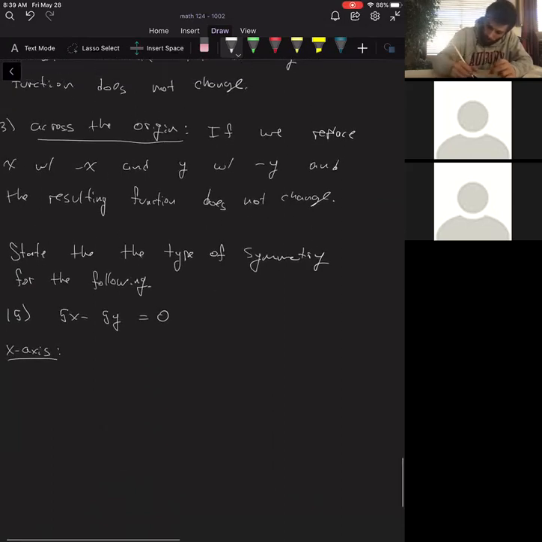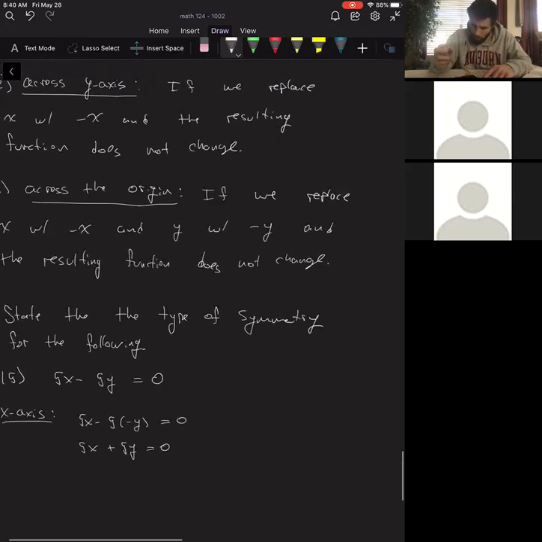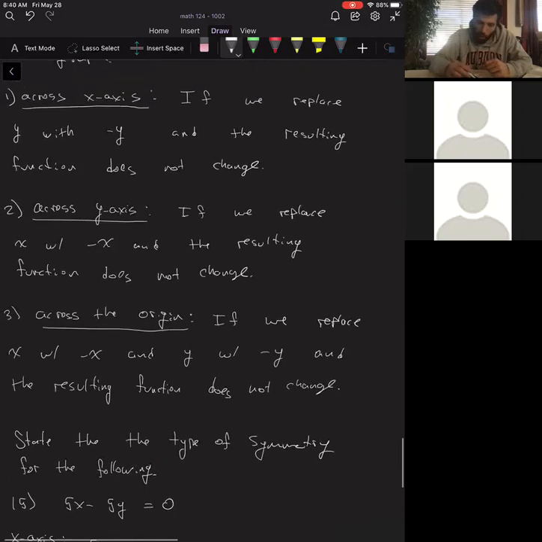So we have our equation 5x minus 5y is equal to 0. What happens if we replace y with minus y? Well, we have 5x minus 5 times minus y is equal to 0, which is 5x plus 5y is equal to 0. So notice it says up here, if we replace y with minus y and the function does not change.